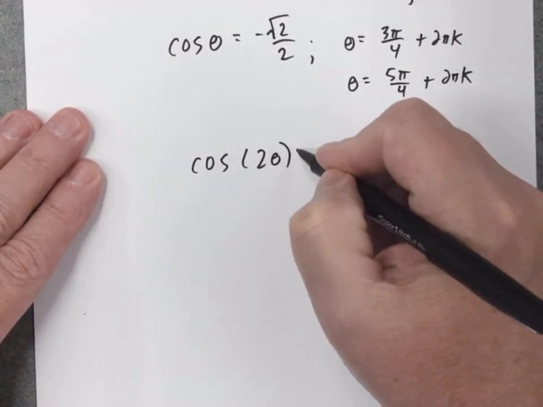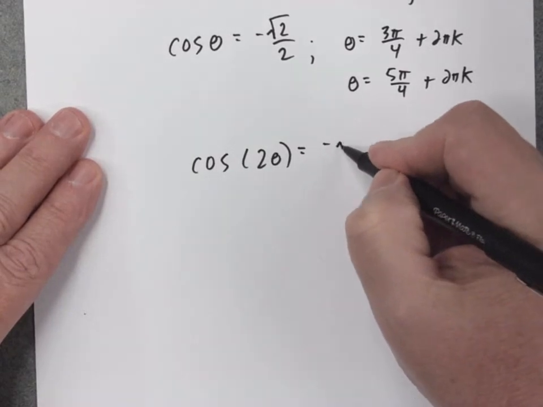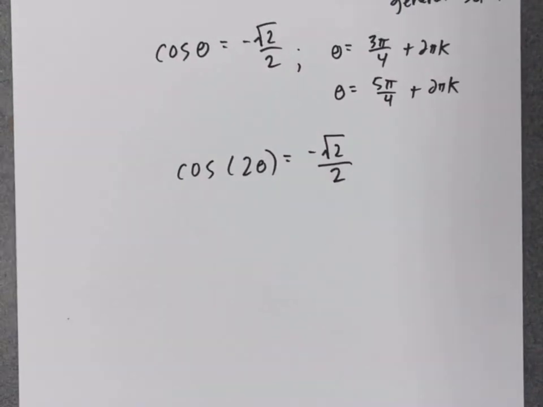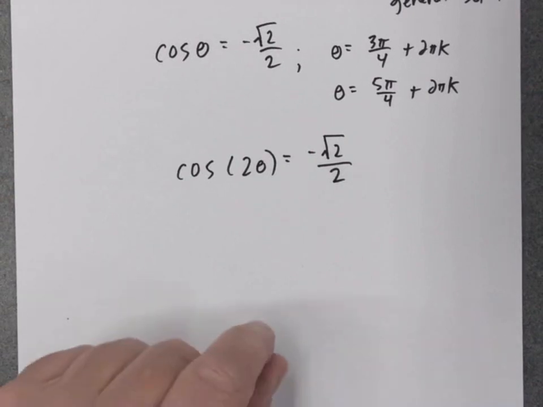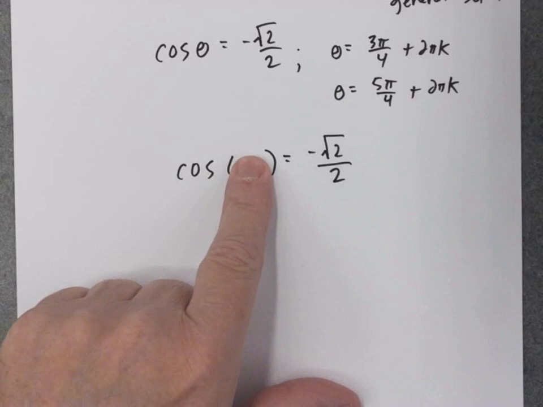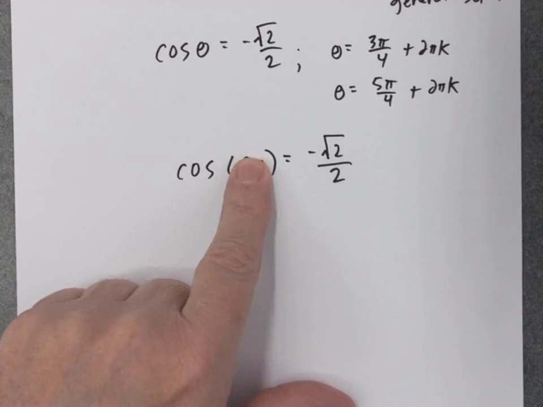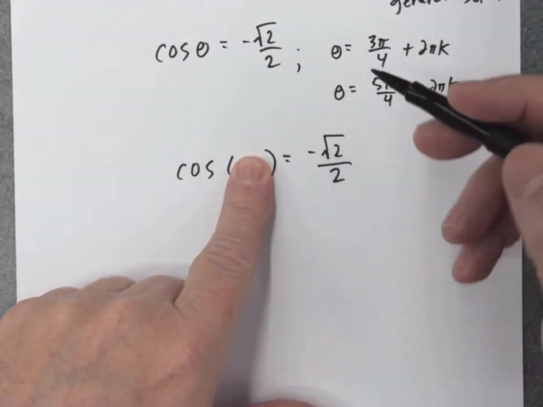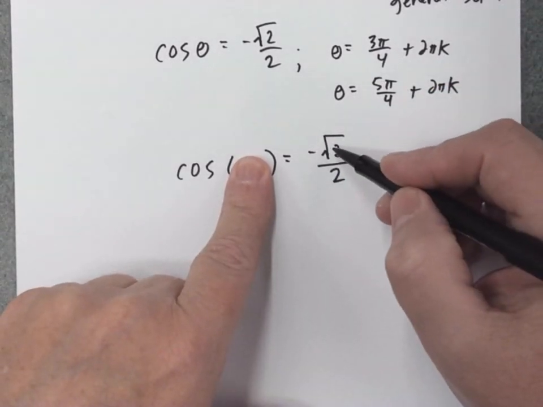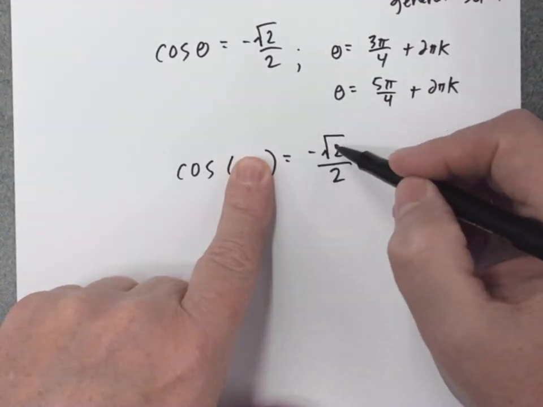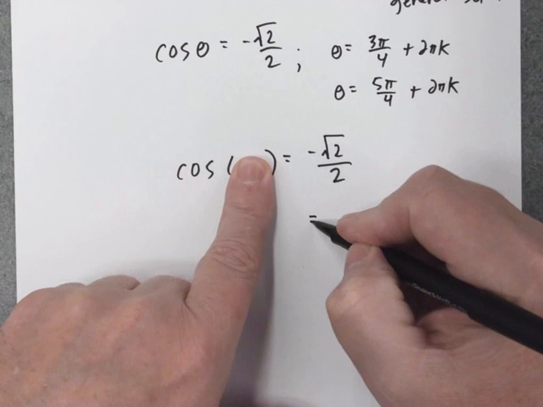Initially, I think the best way to solve this is to ignore that I have stuff other than theta inside the trig function. I just want to say to myself, what would be the angle where the cosine is negative square root of 2 over 2?